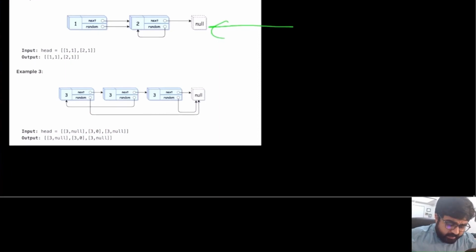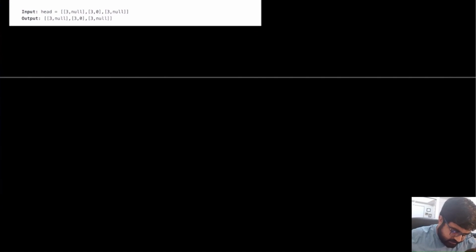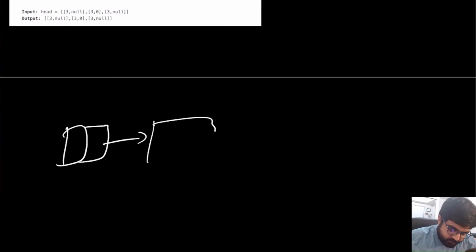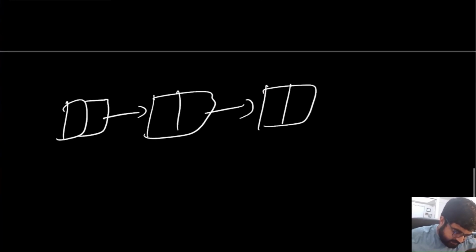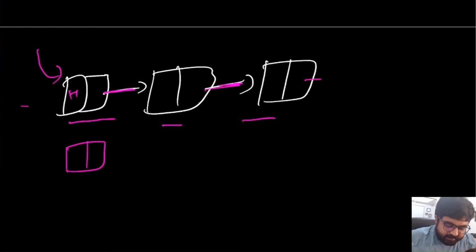Now we have already done similar questions like this, and even for example, if this was just a regular linked list, it would have been too easy for us to solve this problem, because what we could have done is we initially start with the first position, with this head position, and just keep on creating a new linked list based on whatever values we are iterating over right now, because we have a very certain path in any linked list where the first node is the value, so we can just copy whatever value this has.